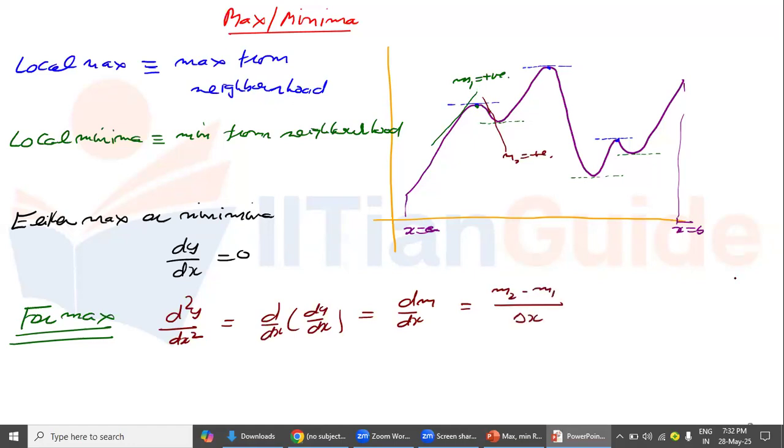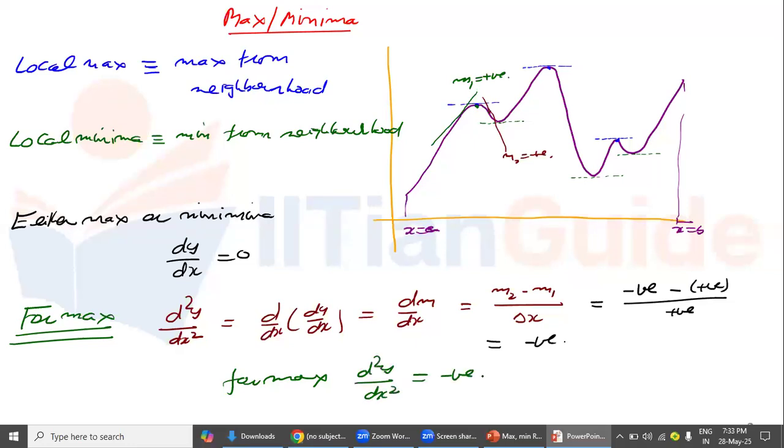From the figure, m2, the slope of the tangent on the right of that point, is negative, minus m1, the slope of the tangent on the left of the point, which is positive. And the denominator is a positive value. So basically, the second derivative is negative. So the condition for maxima is that the value of the second derivative, del square y upon dx square, has to be negative. Am I right?